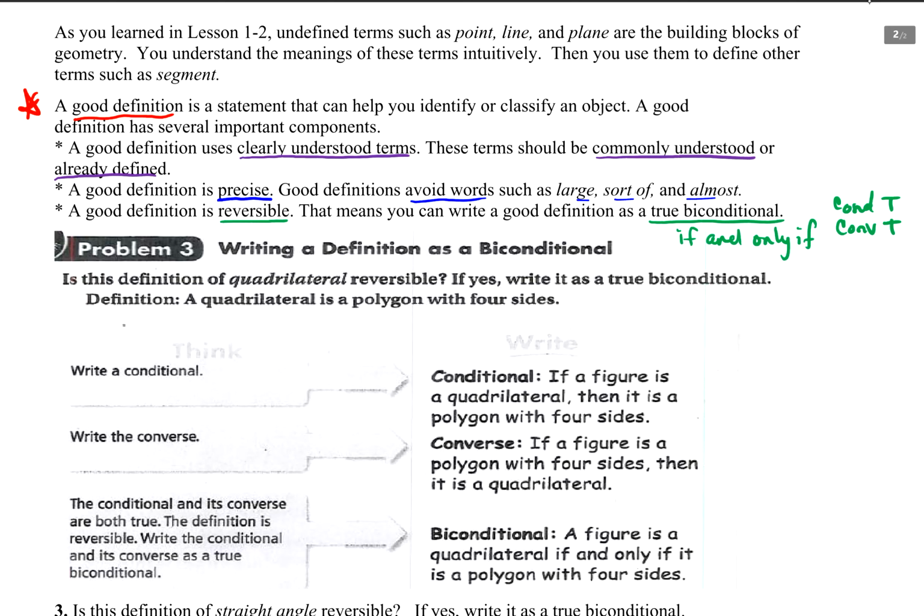And what was the other one? Angle bisector divides an angle into two congruent parts. Midpoint divides a segment into two congruent segments. So you can see that the first part of your biconditional is the word that you are defining, and the second part is the definition. Now they can be written the other direction, but one is correct, the other one is just better.